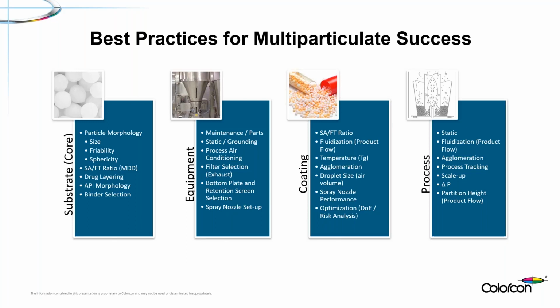Now, while we won't be able to cover this entire list here today, we'll briefly cover one topic from each area, starting with, of course, the core and substrate selection. Understanding factors influencing release from a multiparticulate under coating, and computational design and process monitoring techniques under the process and equipment areas.